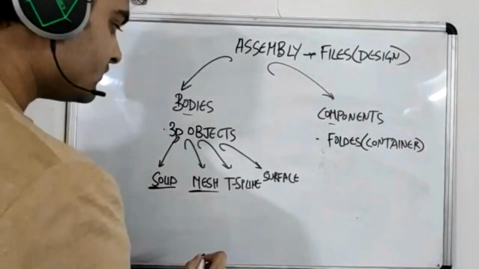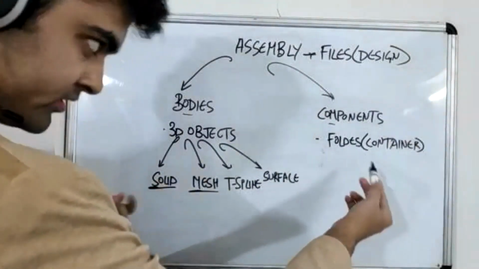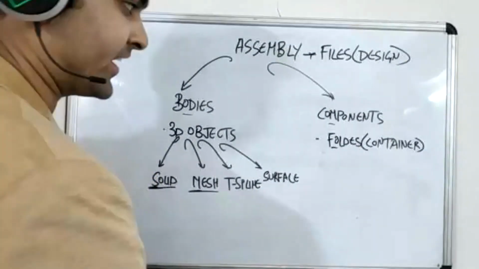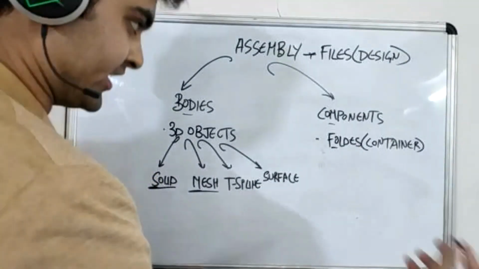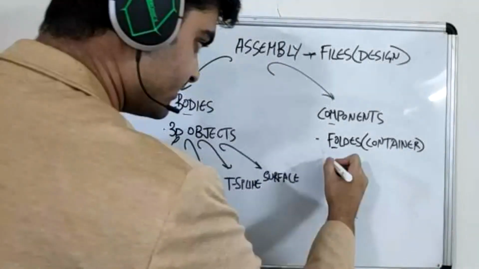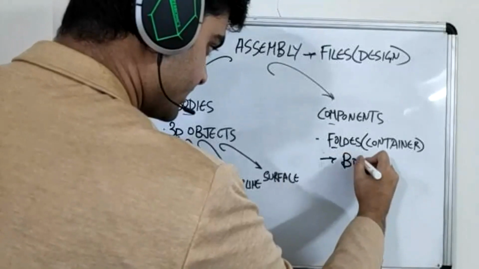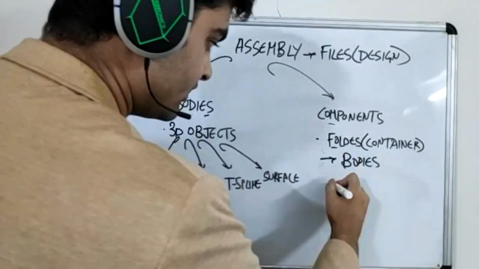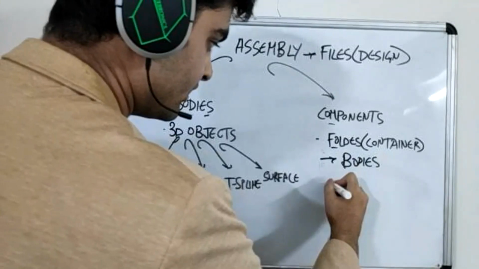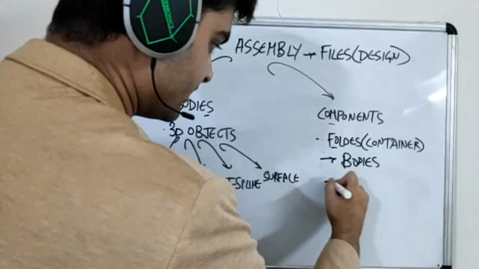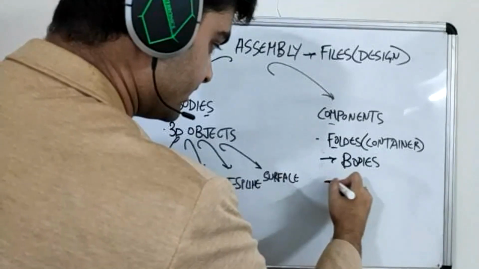And about components, I mentioned they are folders, containers. So what do they contain, actually? Well, they can contain bodies, they can have sketches, they can have other components. You could also have nesting, and they could also have joints.